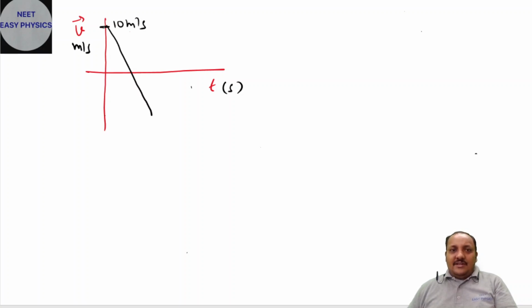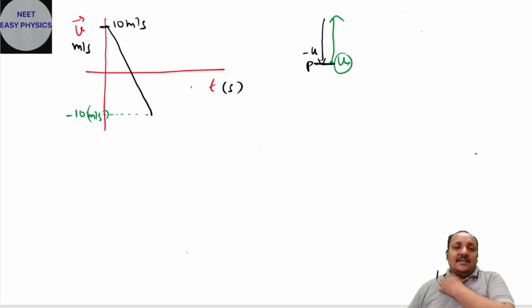After reaching this point, it is going to be 10, but it is minus 10 meter per second. Because if you have projected with u initial velocity, whenever it is coming backwards, at the same point of projection you are going to get the same velocity, but its direction is reversed. Direction reversed means it is going to be minus u.